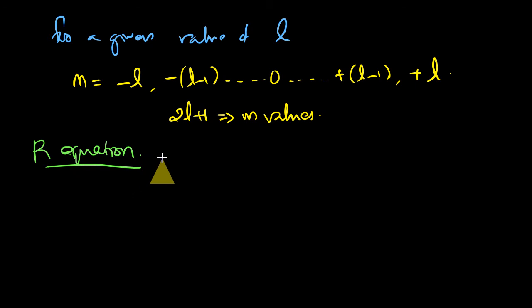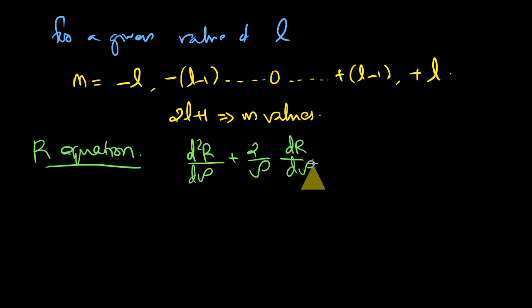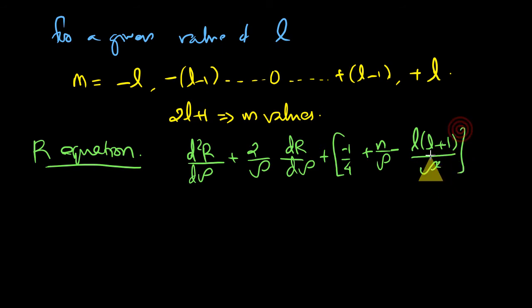We modified this R equation many times for the purpose of solving it. And I am writing the modified R equation, that is d square R by d rho square, plus 2 by rho dR by d rho, plus minus 1 by 4 plus n divided by rho plus minus L into L plus 1 divided by rho square, into R is equal to 0.